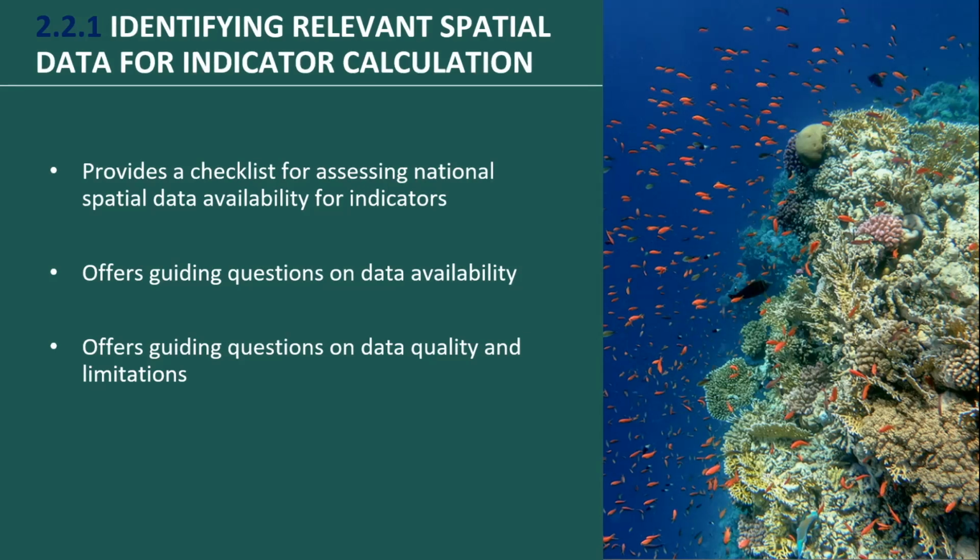We start out in section 2.2.1 by providing overall guidance on identifying national spatial data for indicator calculation and assessing the utility of global spatial data at the national level. So this section includes a checklist for assessing national spatial data availability and gaps, as well as general questions to support countries to assess data availability and data quality at the national level. Next slide.